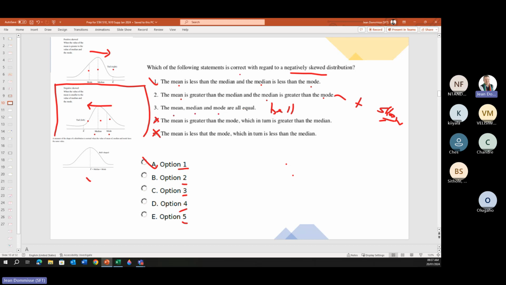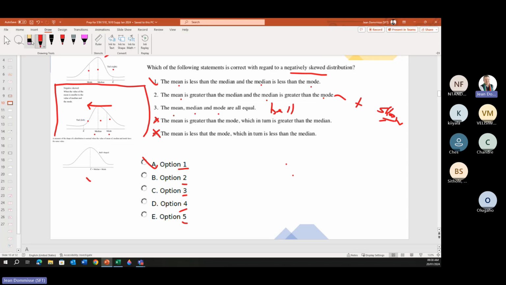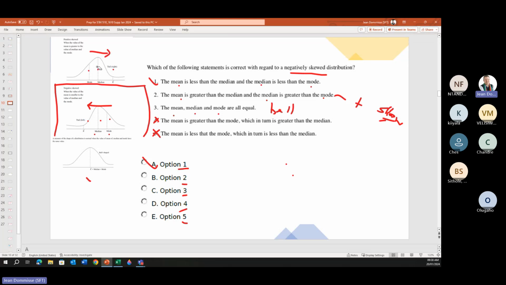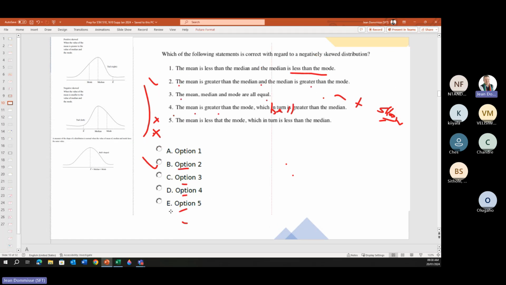Or if you want to do it from the other way, the mean is less, is less, is less. But please use this diagram. I will share it with you guys on the chat. Let me clean it up a bit for you as well, so that you can use it when needed. Please use it. You are allowed to use it.